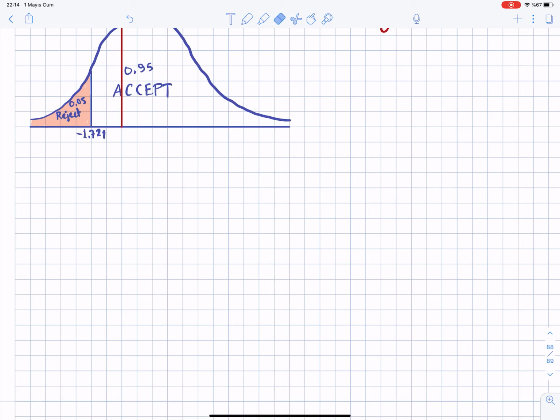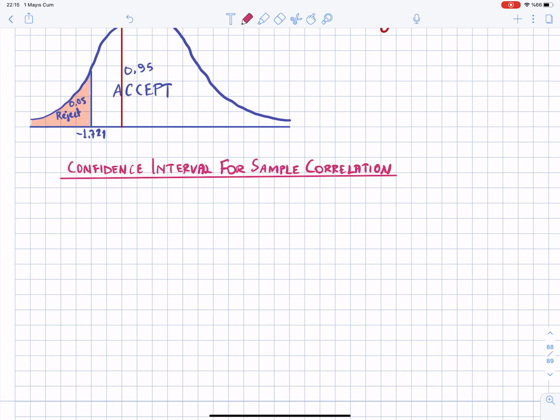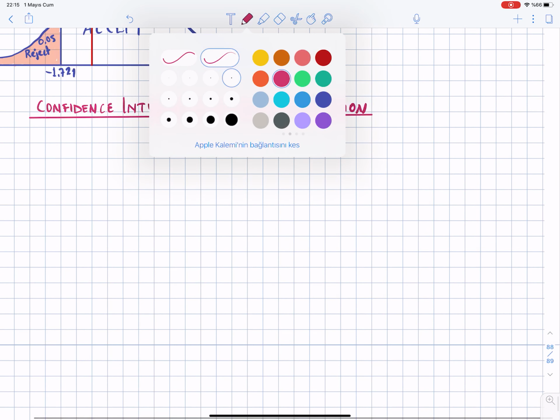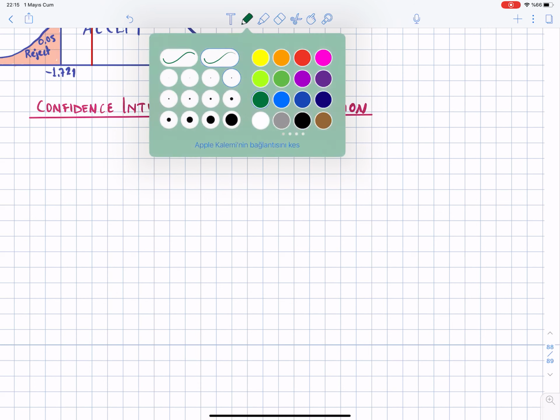The next topic is the confidence interval for the Pearson sample correlation. Let's use a different color this time.